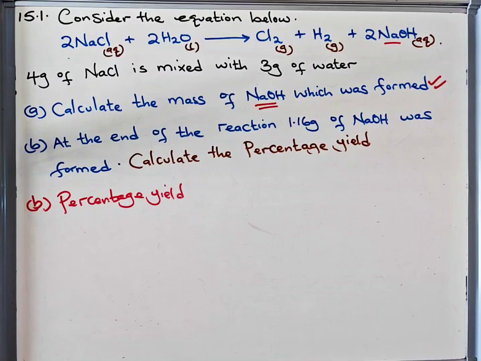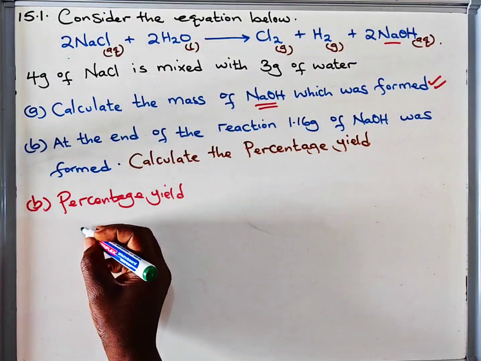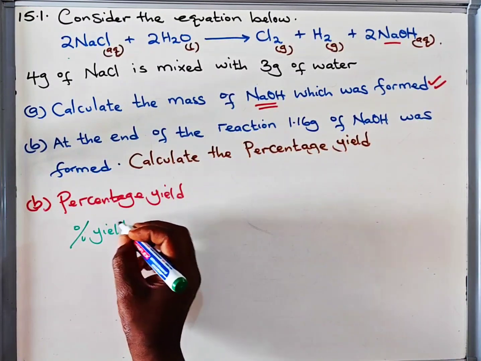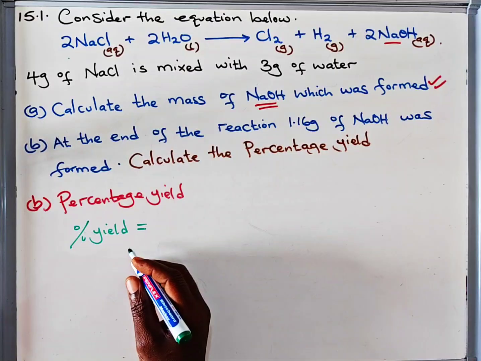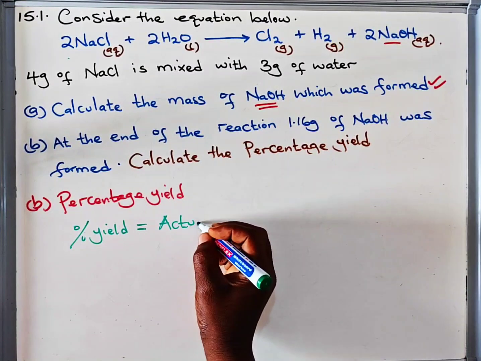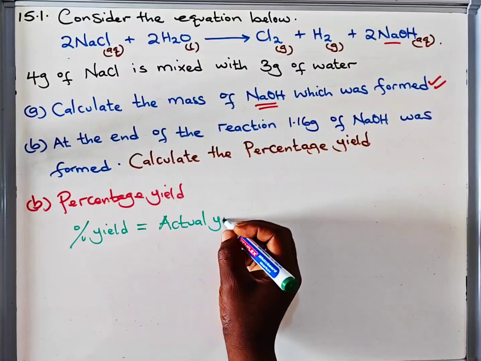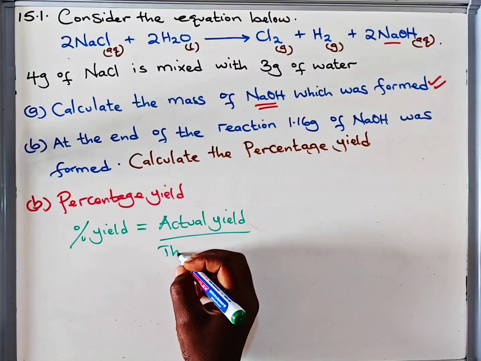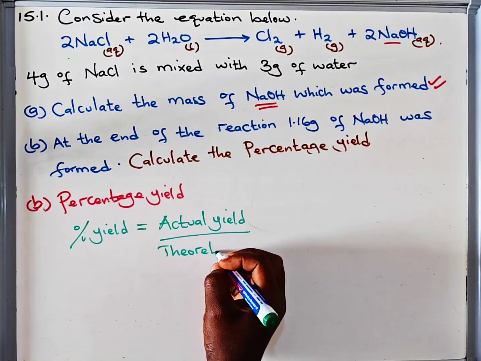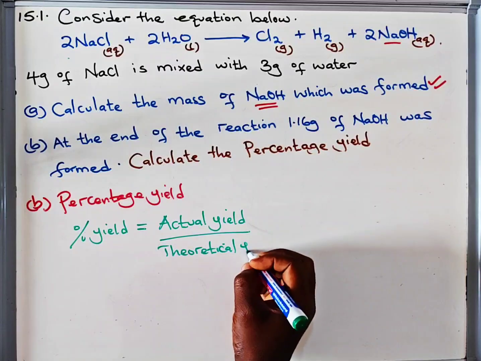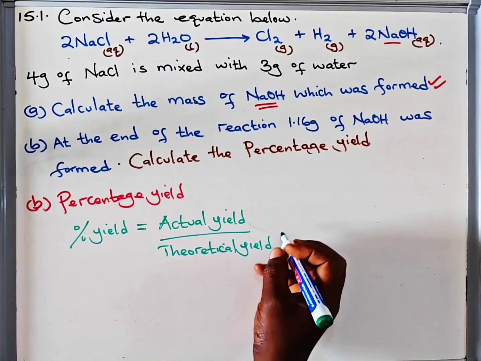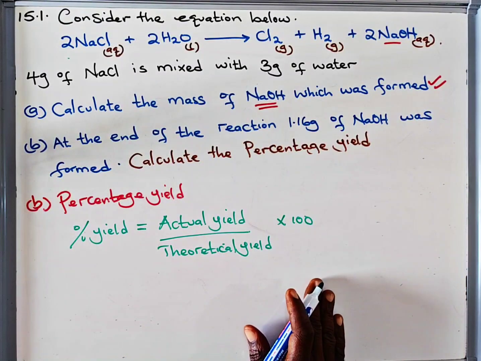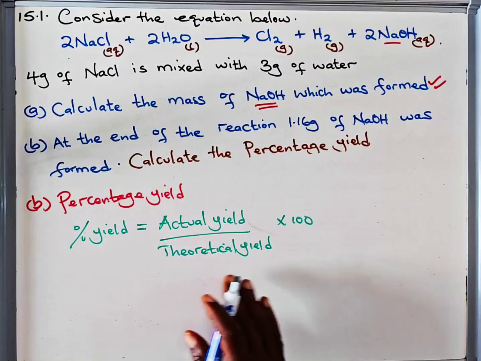How do you go about that? This is what you have to know, that percentage yield is given by an expression which says actual mass yield over theoretical yield times 100. This is the expression which we use to calculate percentage yield.